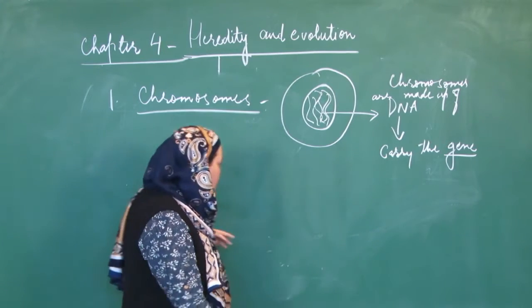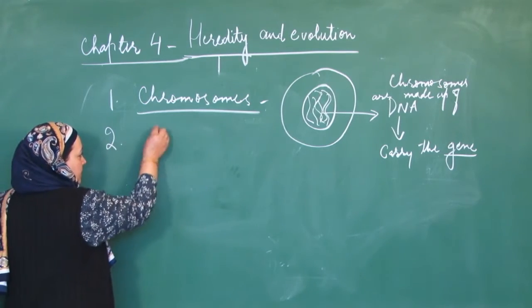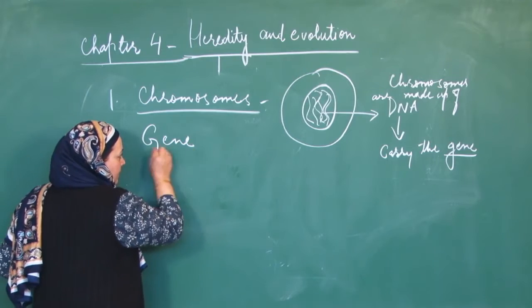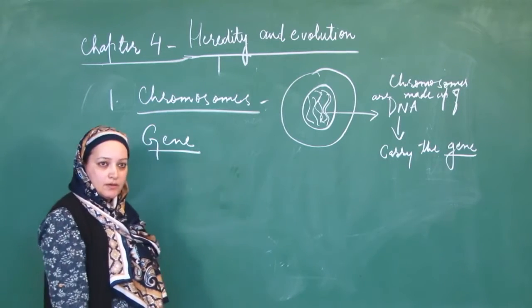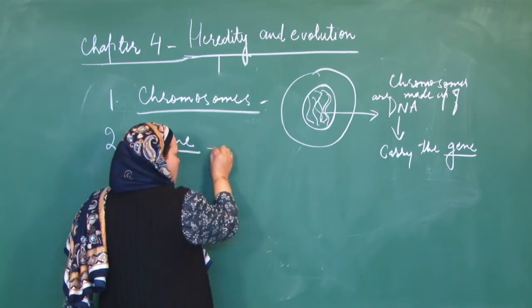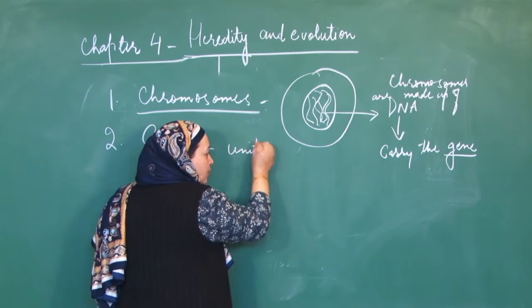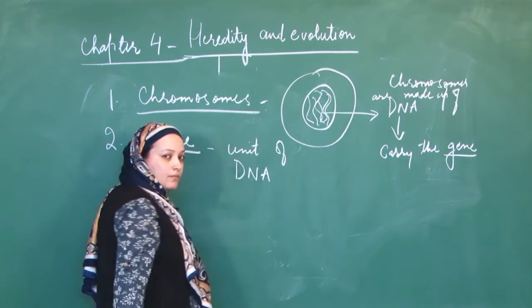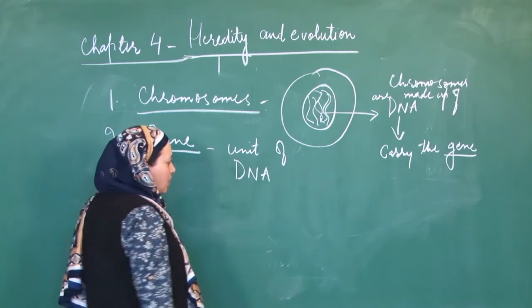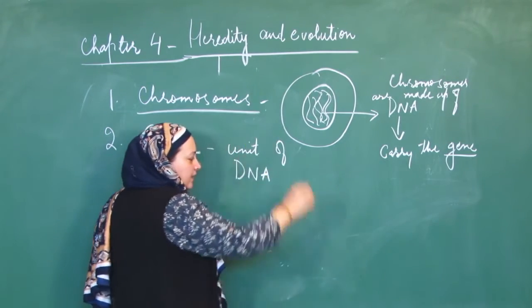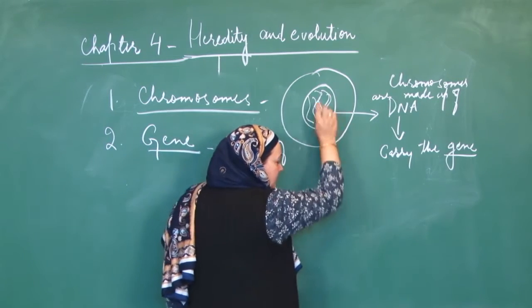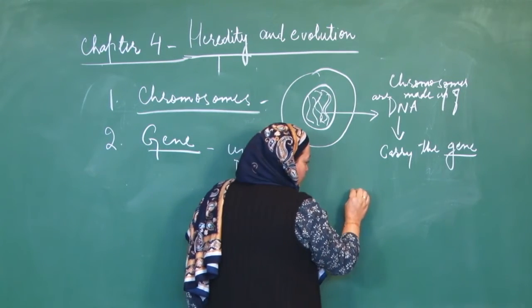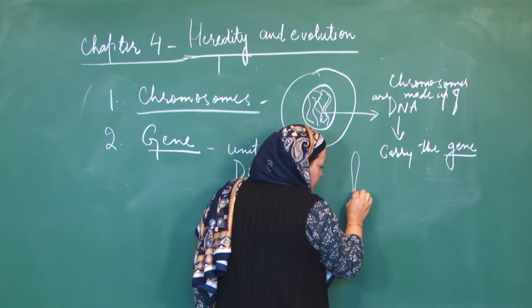Now, what is a gene? A gene is called the unit of DNA. If we see the microscopic structure of a chromosome, it has two arms.